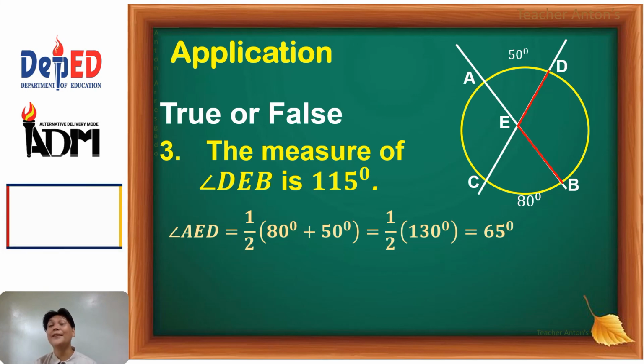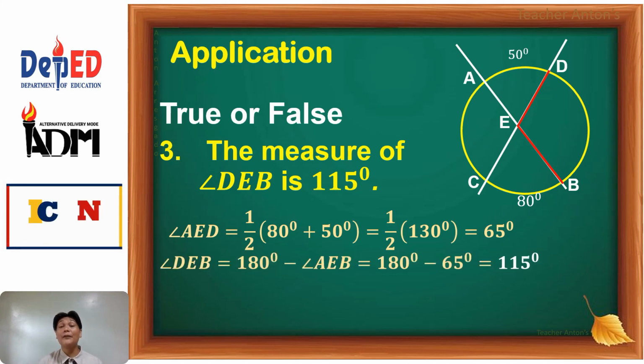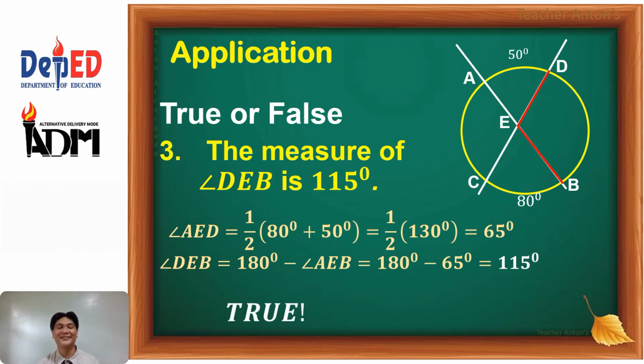So we can solve now angle DEB because we have solved angle AED as 65 degrees. So to solve for the angle DEB, we have 180 degrees minus angle AED, which is 65 degrees, and the answer is 115 degrees. The statement is absolutely true.